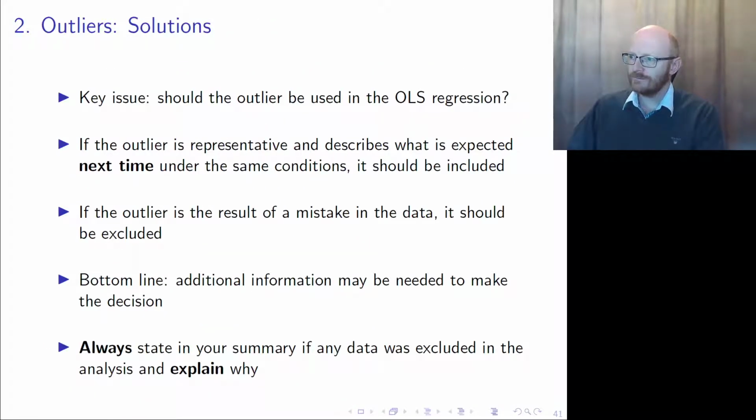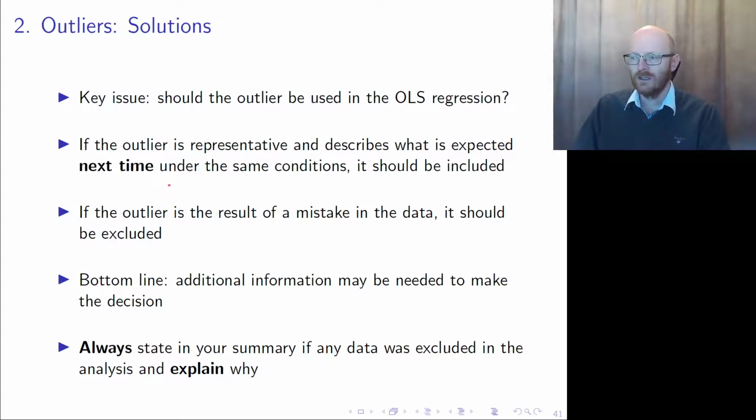And the key issue here is whether or not to keep the outlier when you do the analysis. You have to think logically. If the outlier is a logical value given that x value, then you should include it.